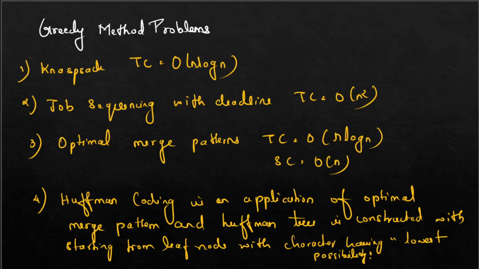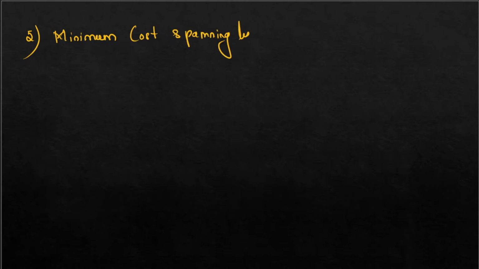Like this. Now let's talk about minimum cost spanning tree. Fifth is minimum cost spanning tree. So the very first here is Prim's algorithm.